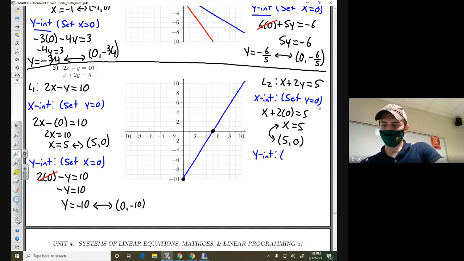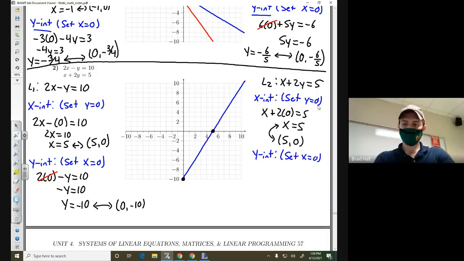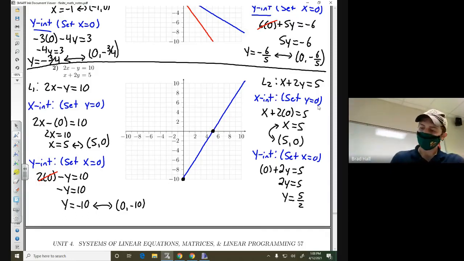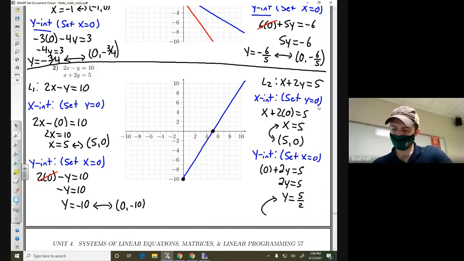The y-intercept, we set x equal to 0. So that's 0 plus 2y is equal to 5. So it's 2y is equal to 5, or y is equal to 5 over 2. Which corresponds to the ordered pair 0, 5 over 2.